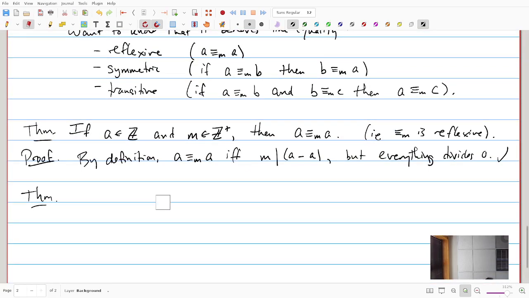I'll state the symmetry theorem, but if A and B are integers and M is positive integer, and if A is equivalent modulo M to B, then B is equivalent modulo M to A.